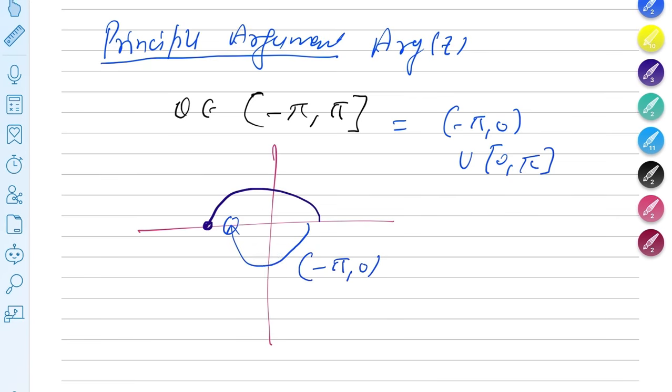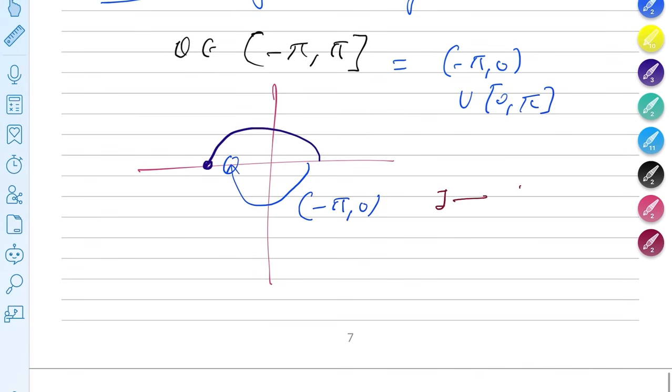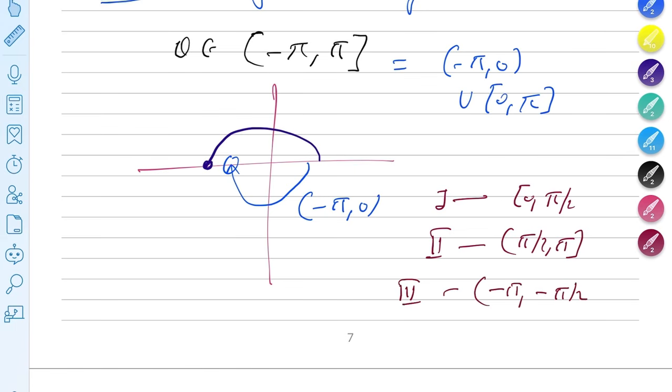Whereas for the third and fourth quadrants, we measure clockwise. So the third quadrant is minus pi to minus pi by 2, and the fourth quadrant is 0 to minus pi by 2.